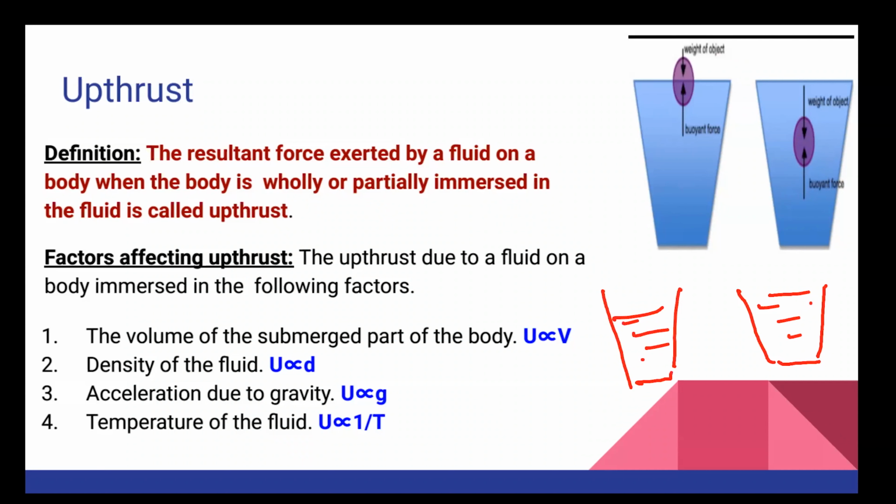If you compare the density between these two liquids, obviously the second vessel filled with salt solution has more density. This means the salt water bears more upthrust than the pure water because of its higher density.